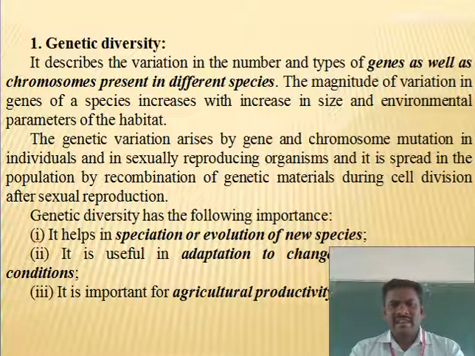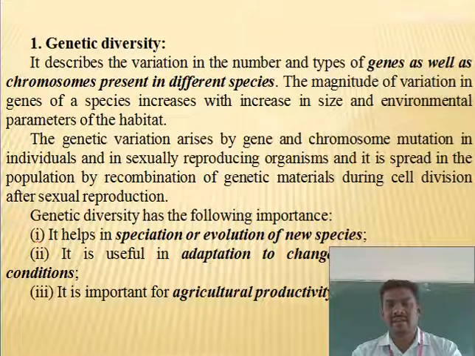The genetic variation arises by gene and chromosome mutation in individuals and in sexually reproducing organisms, and it is spread in the population by the recombination of genetic material during cell division after sexual reproduction. Genetic diversity has the following importance.